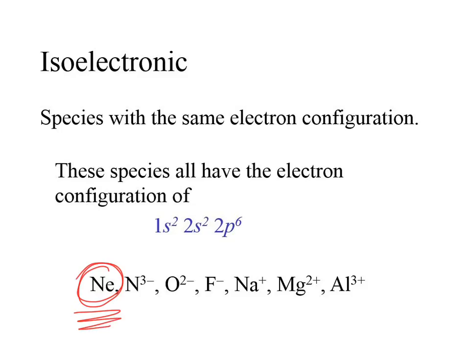The way to think of it is you see these nonmetals picking up electrons to become like neon, and you see these guys in the period after them losing electrons to become like neon. And they all have 10 electrons hanging out in the same configuration. They're isoelectronic.